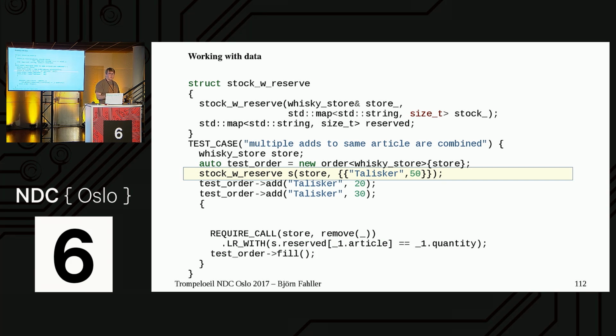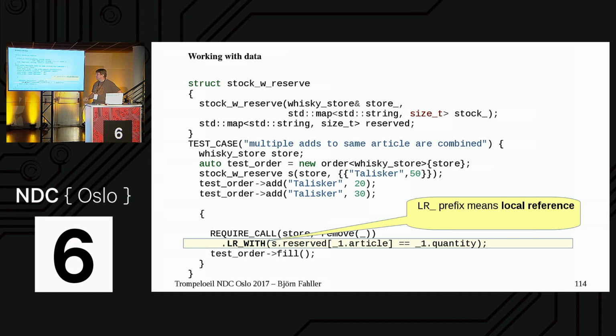And with this, I can write the test differently. I'll say stock with reserve, 50 tickets. That is all we have in this store. And I can refer to the reserved items in the constraint. Now, LR here is an intentionally ugly thing. It is a construction similar to the C++ cast.